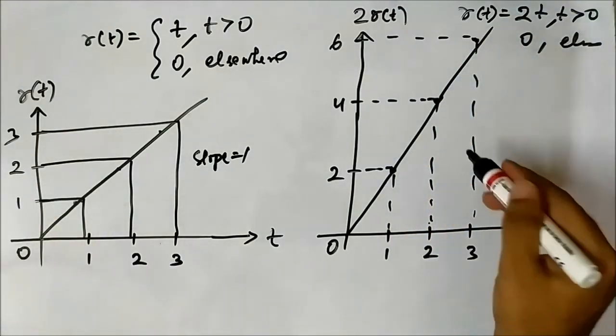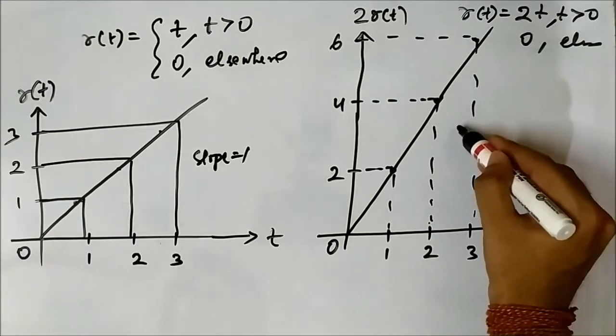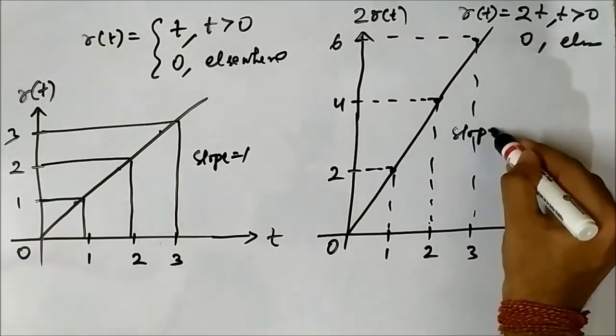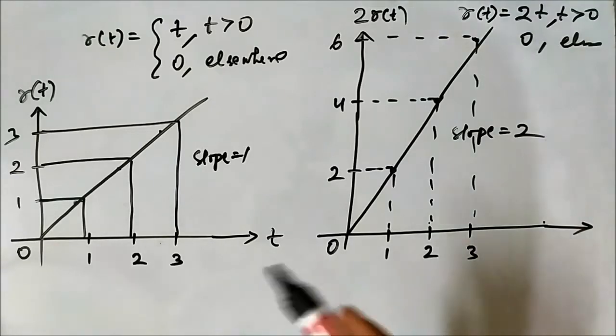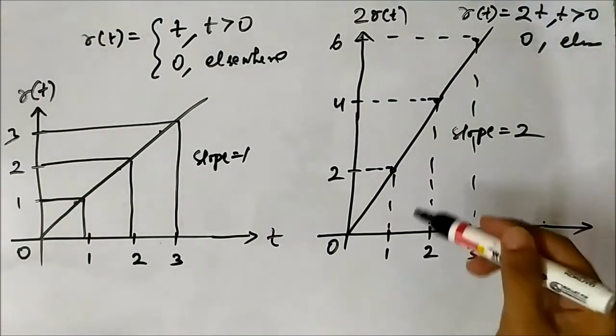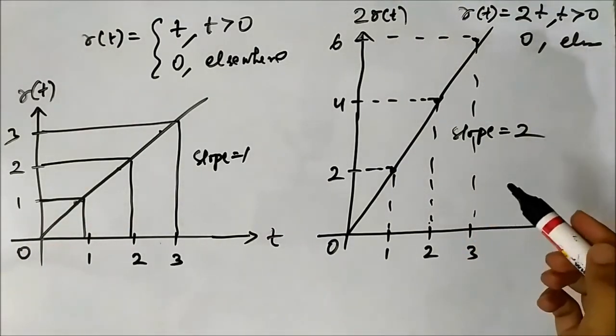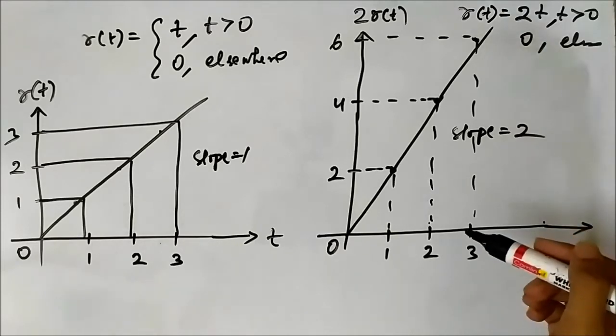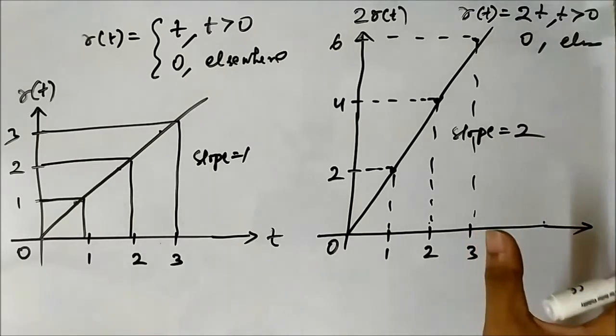Now here the slope is 2, meaning a particular change in output per particular change in input is 2. So the slope has increased by 2.